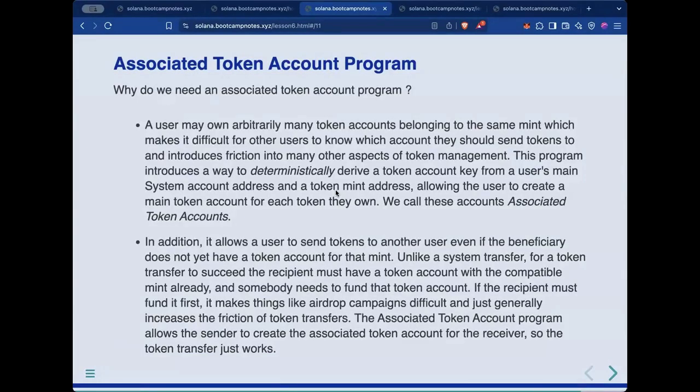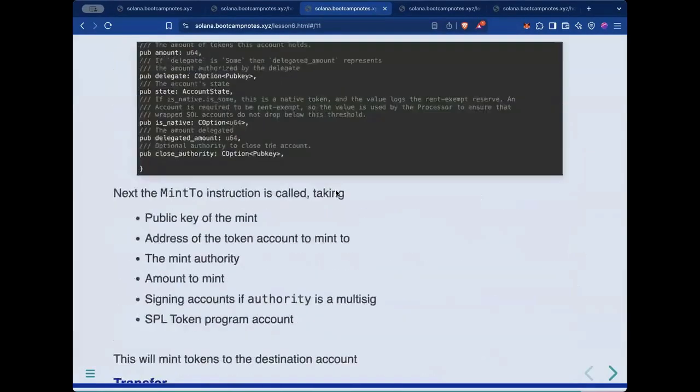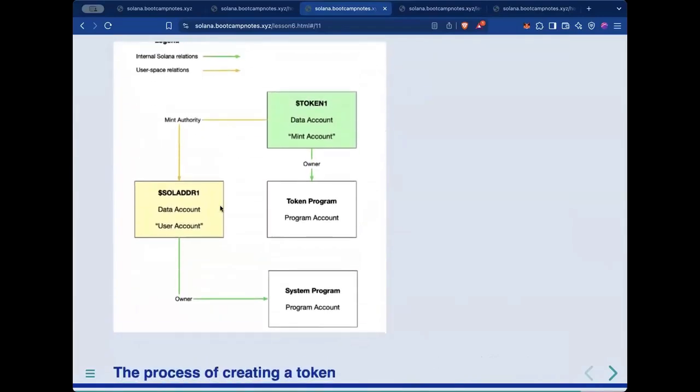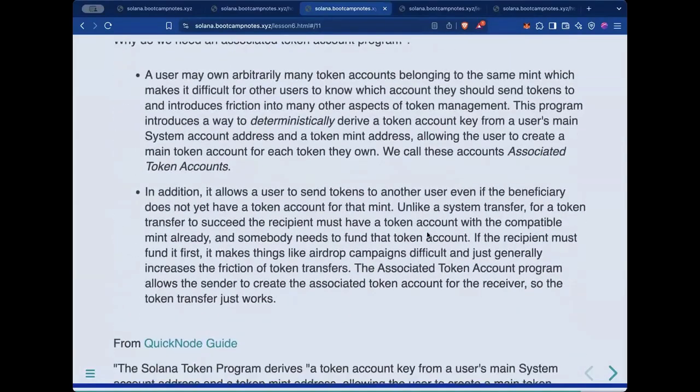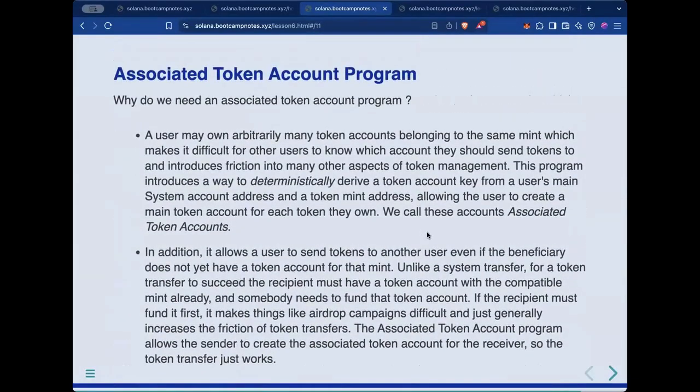Now, because of the way that the token program works and the way that we have these accounts, if you follow this diagram, and particularly the fact that we need an account set up for each person that is going to have a balance of a particular token, this makes things a little bit awkward in some ways because we don't necessarily know the address of that account. We don't necessarily know how to get to that account, and we may want to.